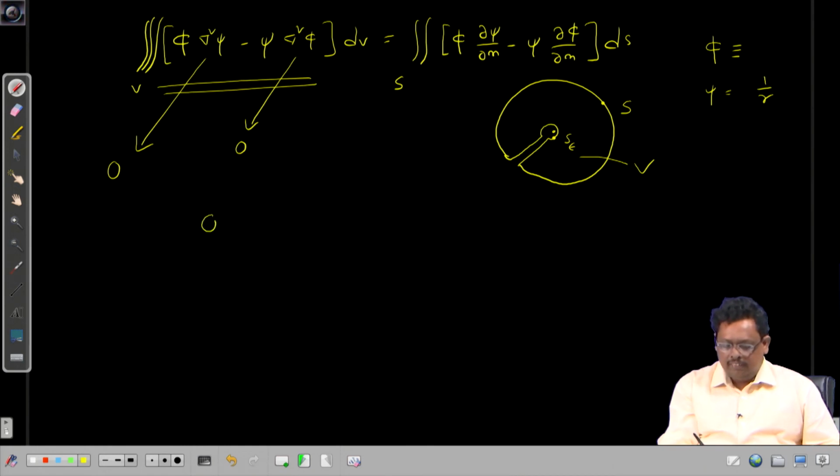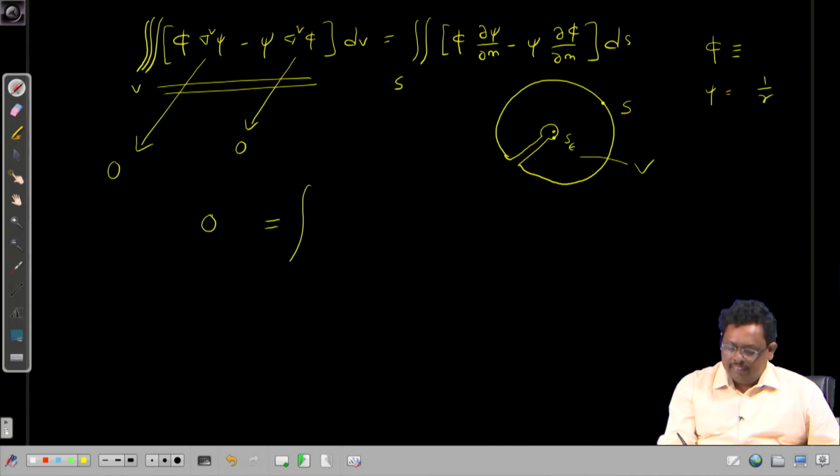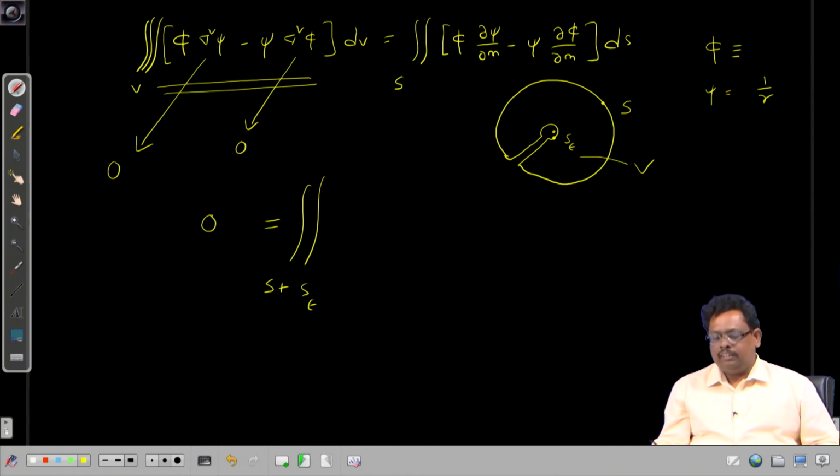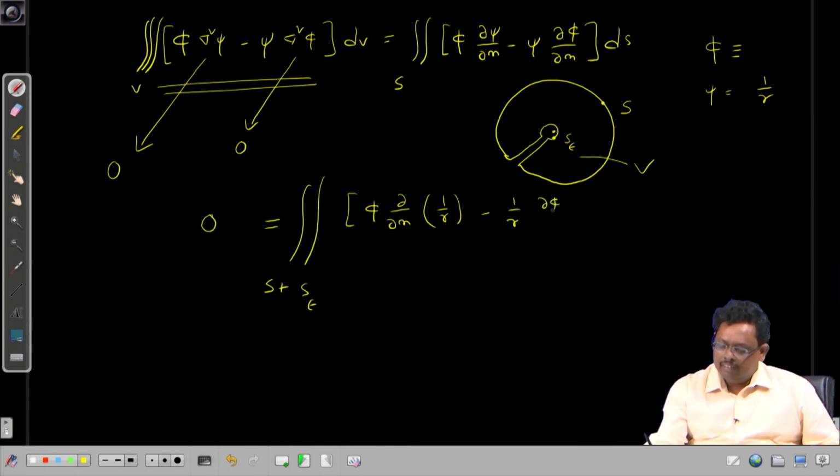So, it is 0, and in the right hand side what we have is a surface integral over S plus S epsilon of phi into del n of 1 upon r minus 1 upon r into del phi del n dS. In fact, I can call it dS plus d epsilon.